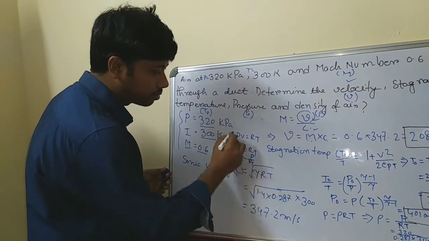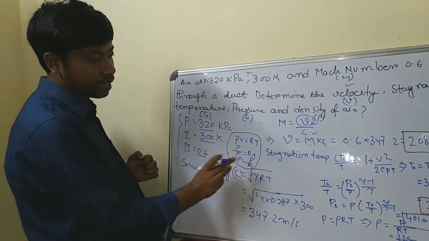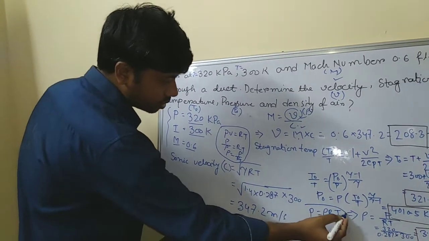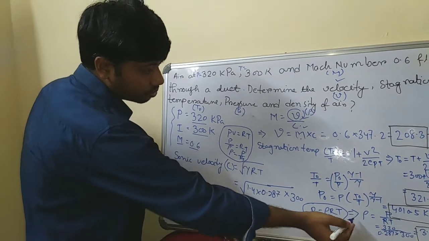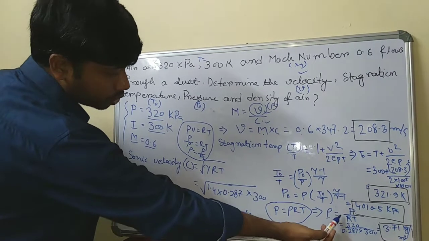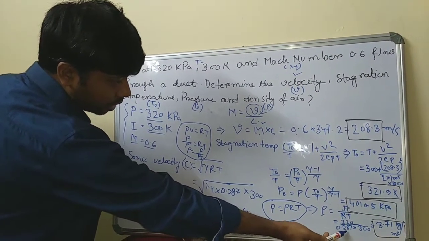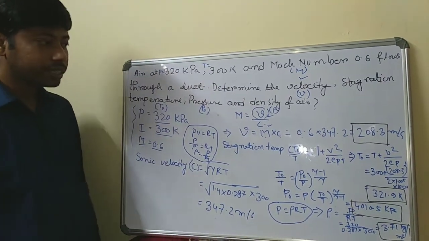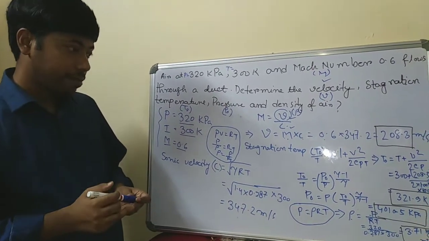From the equation P is equal to rho R T, you can calculate the value of rho. If you put in these values, P is 320 kilopascal, R is 0.287, and the temperature is 300 Kelvin, you get the density as 3.71 kg per meter cube.